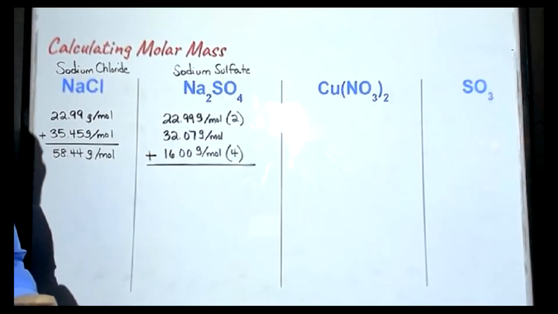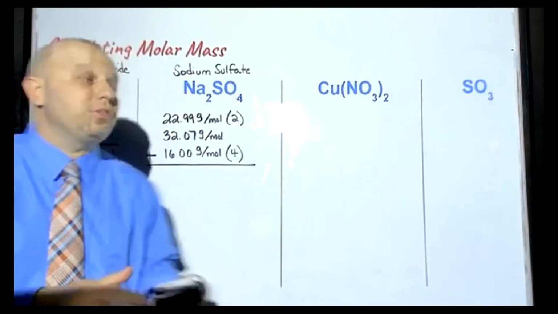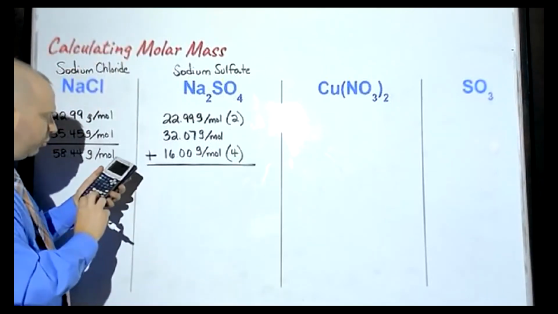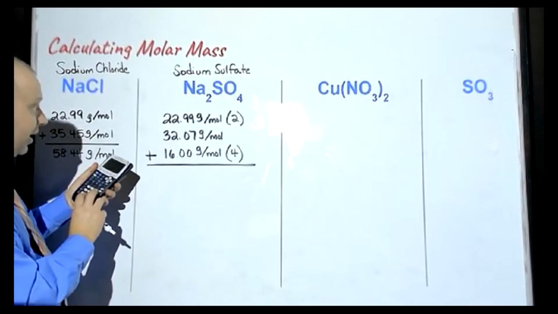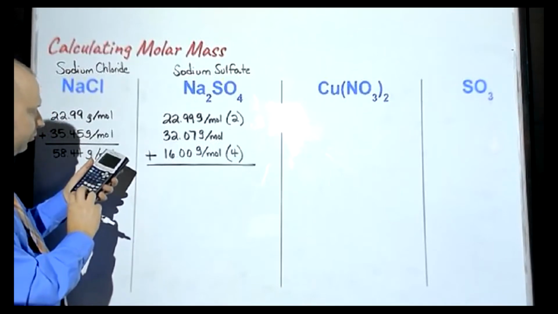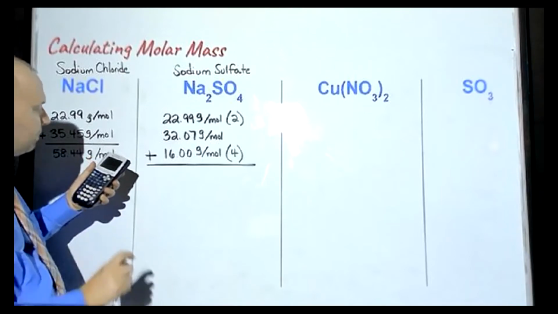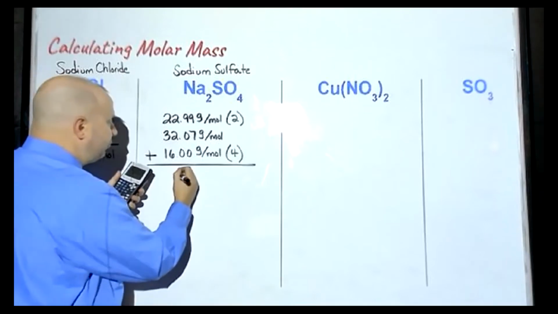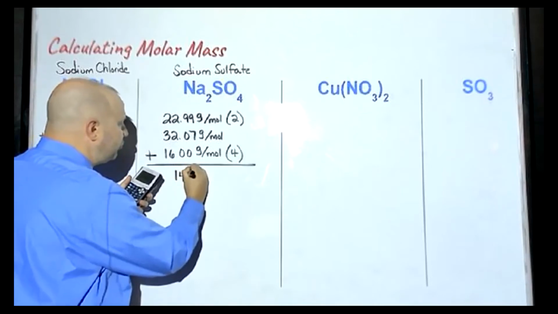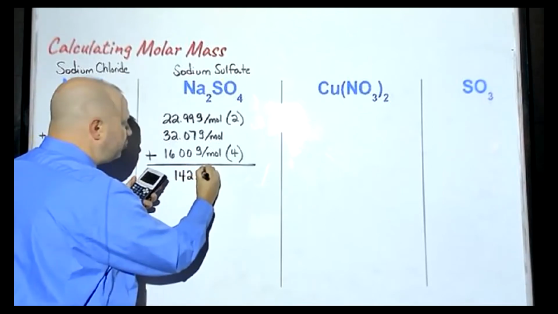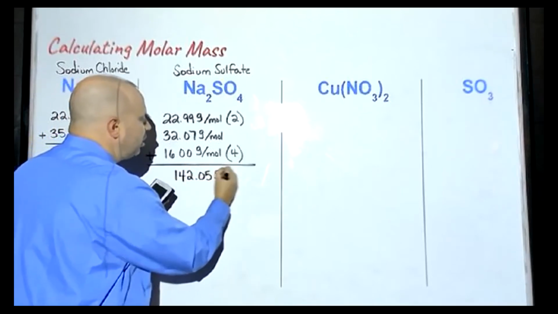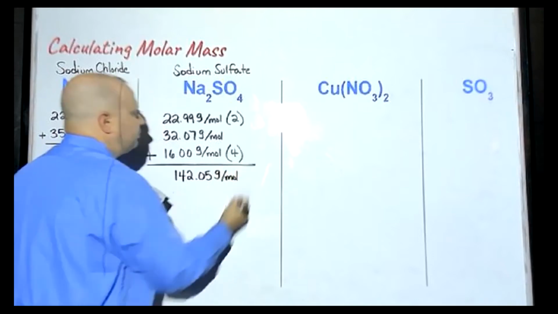Once again, I will add up all of these to get the molar mass. So 22.99 times 2 plus 32.07 plus 16 times 4, and I get a molar mass for sodium sulfate that is equal to 142.05 grams per mole.